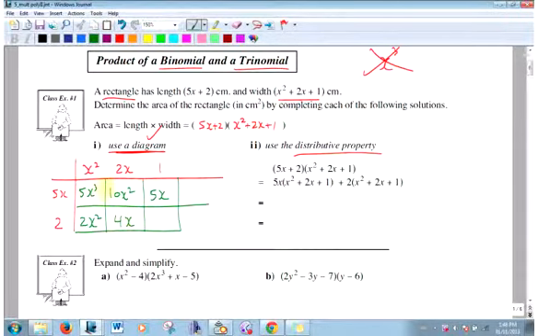Okay. The hardest one. 2 times 1? Good man. All right. 6 terms. Add them all up.